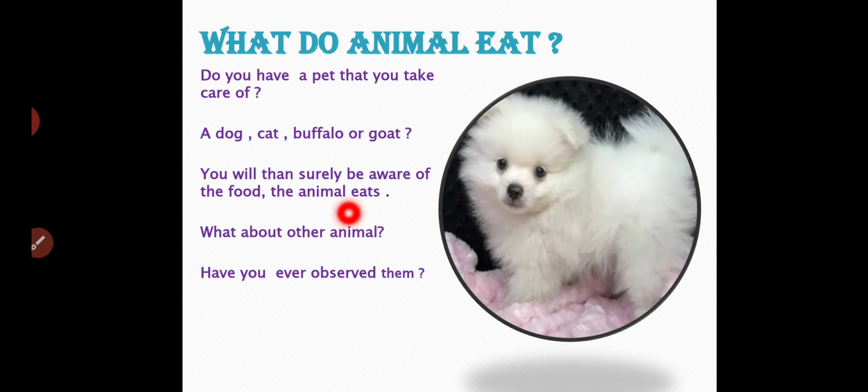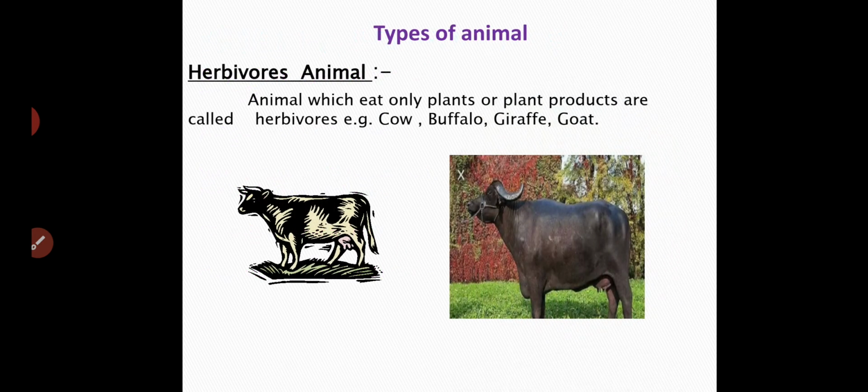So the animals in our surroundings as well as us are categorized in three ways, depending on their food. Let us study these three ways. The first one is herbivorous.